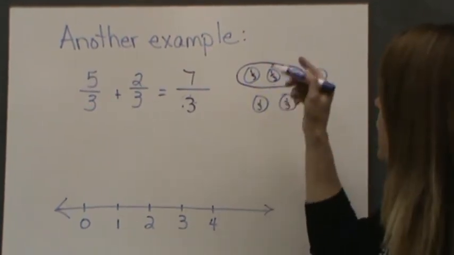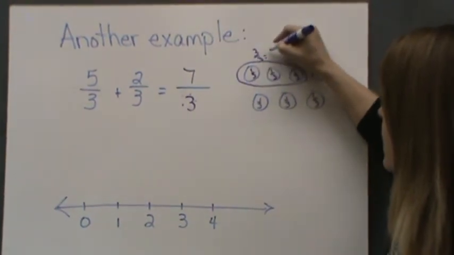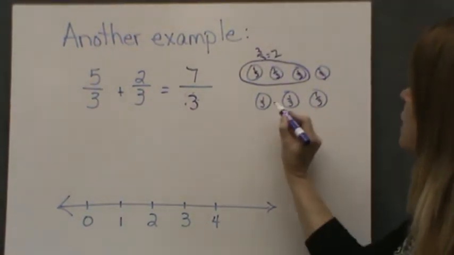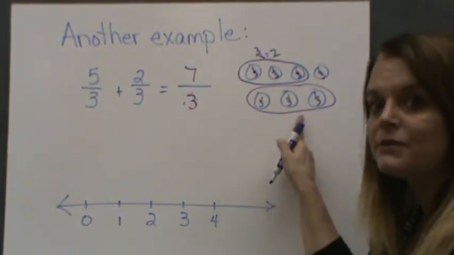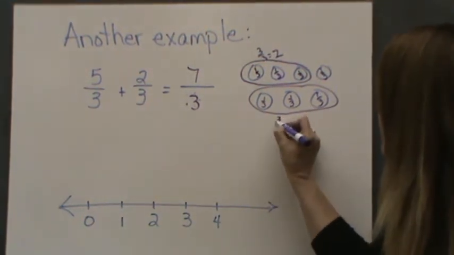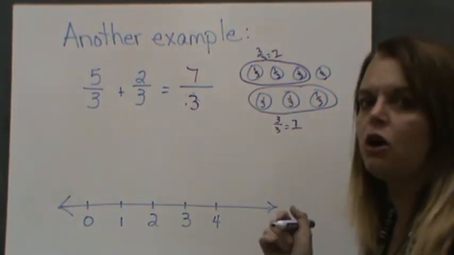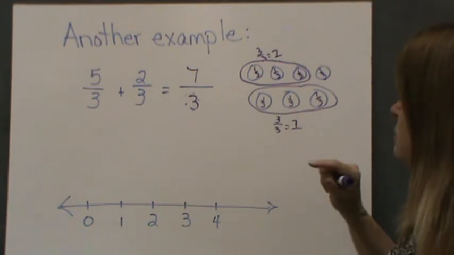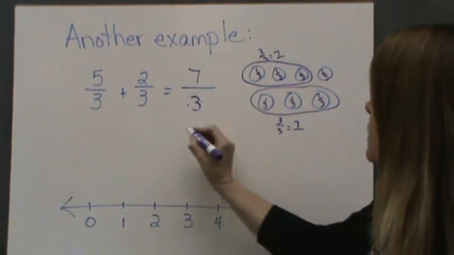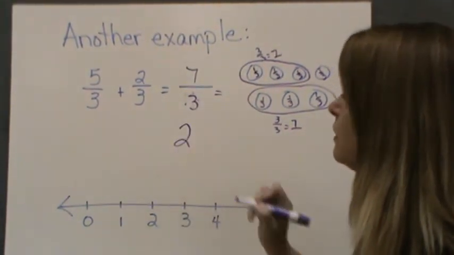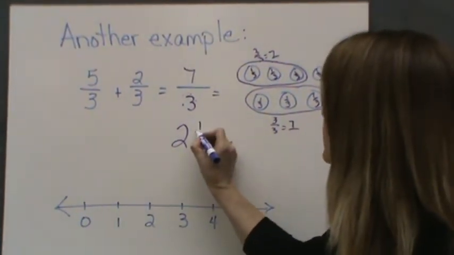Well, that gives me 1. 1/3 plus 1/3 plus 1/3, that's 3/3. That equals 1. Look down here. So I have 4 left. Well, I can make another group. 1/3 plus 1/3 plus 1/3 is 3/3, and that equals 1. And then I have this one little 1/3 over here all by itself. So how many wholes do I have? 1, 2. So I have 2 wholes, and then I have just that 1/3 over there by itself.